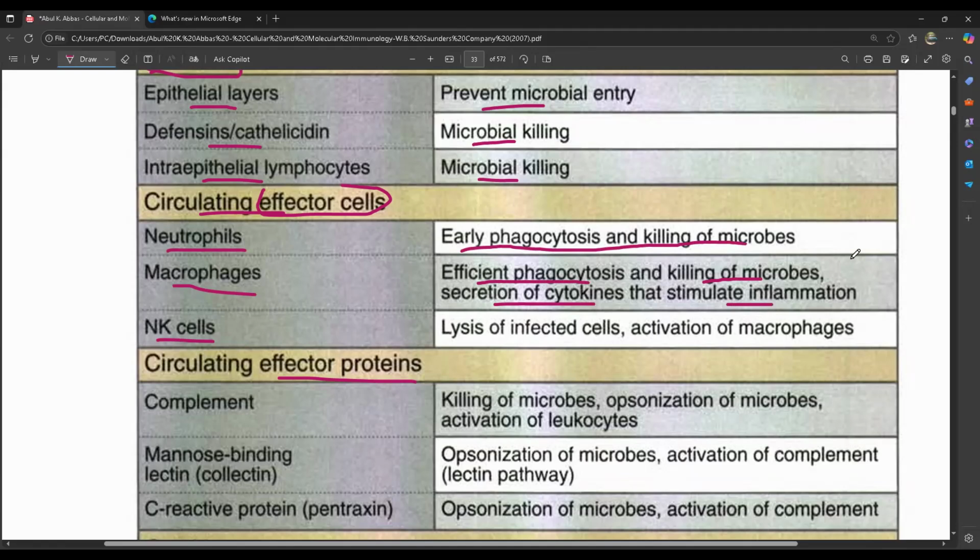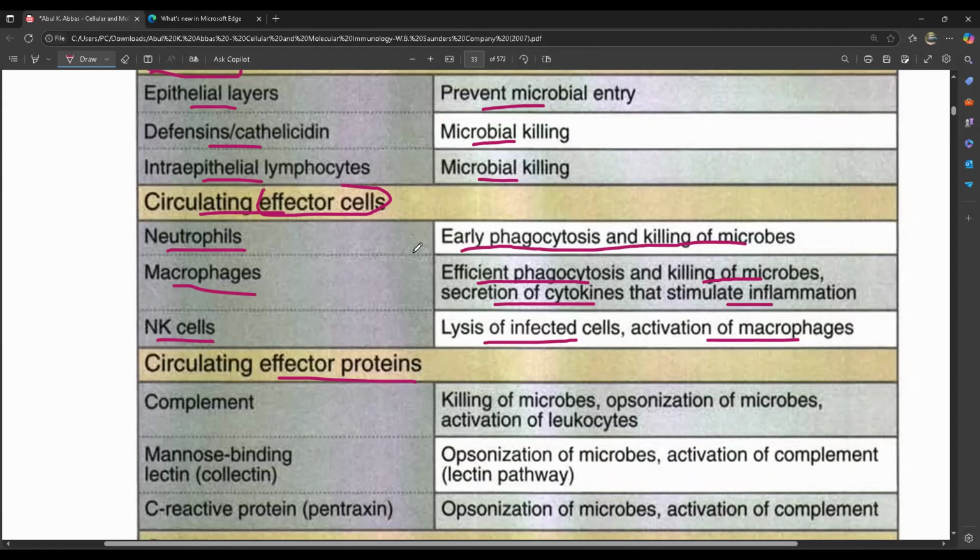So inflammation is not a disease, it's a part of the immune response. Natural killer cells help in the lysis of infected cells and activation of macrophages.